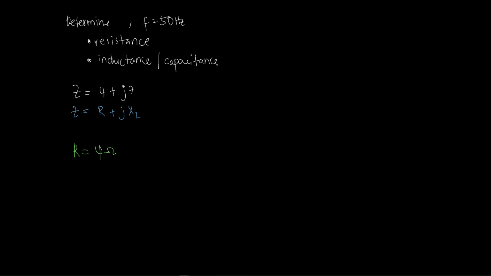Karon, unsang XL? J7, 7 lang. XL is 7 ohms. Nag-signify lang siya sa phase angle ng 90 degrees ang plus J. Dira ka nakingon nga inductor siya, capacitive man siya. Pero the XL is katong 7. Okay, kaya mauna si XL, mauna ba ang inductance?